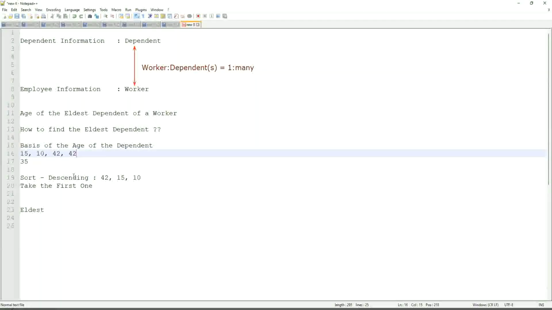Okay. But let's say you have more numbers like 42, 43, 75, 82, and so on. If one worker has so many dependents with these ages, is the logic that we have defined absolutely bulletproof?